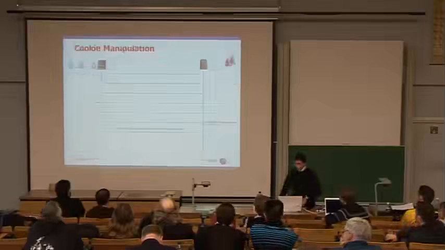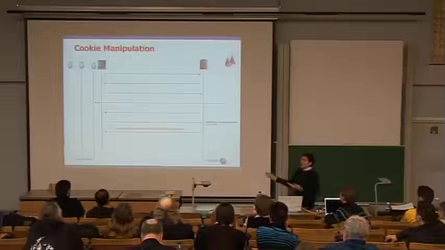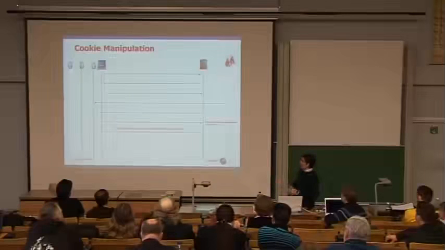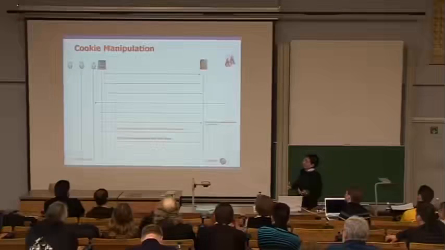Okay, another example: a web application where you can create your own MMS and then send it to a user's mobile phone via the network. Here I don't describe everything, but the attacker is the first one on the left, and has a laptop and a mobile phone, and there is a spoofed identity with another phone, and there is a receiver with another phone.